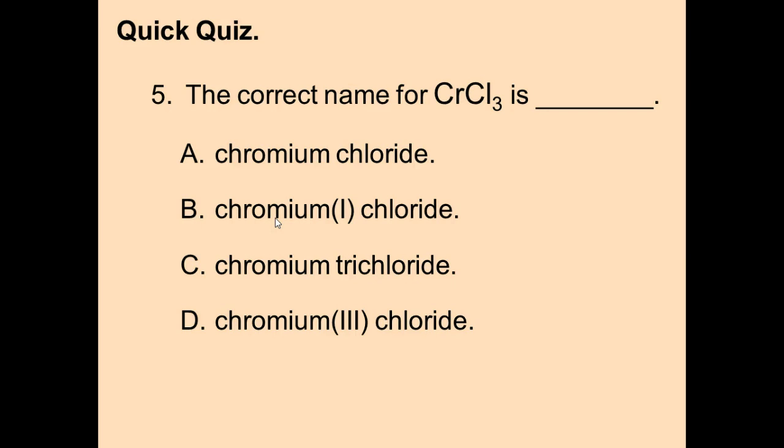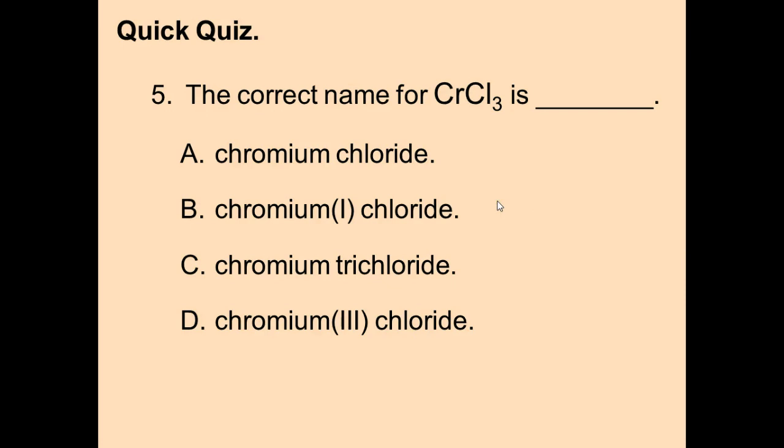And here's the last question for this round. The correct name for CrCl3 is blank. Is it A, chromium chloride, B, chromium 1 chloride, C, chromium trichloride, or D, chromium 3 chloride? First of all, chromium is a transition metal, so it must have parentheses.